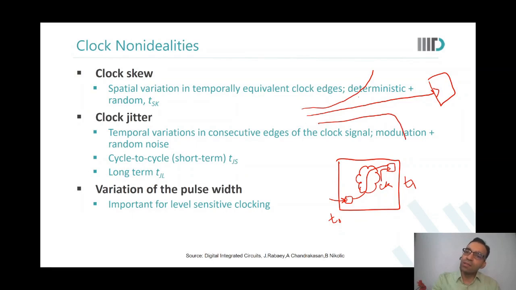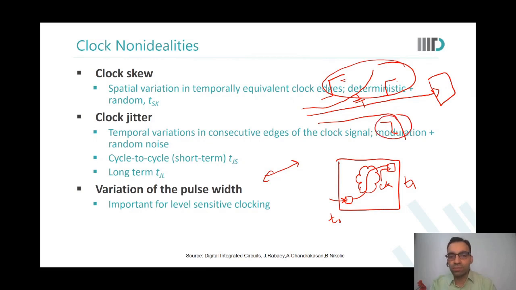In one cycle, there was a supportive crosstalk, and in another cycle, there was a destructive crosstalk. So between two cycles of the same flop itself, what am I seeing? The next clock edge could arrive a little early if there is constructive crosstalk, or a little late if there is destructive crosstalk. And this is called jitter.